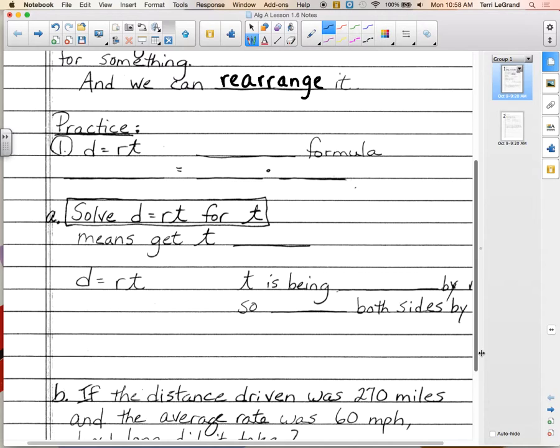Little r does often stand for radius, but then what would t be? Okay, and if we're talking about diameter and radius, then we're talking about what kind of a figure? A circle, aren't we? Are there any formulas that you know for circles that have d equals rt? I don't think there are any.